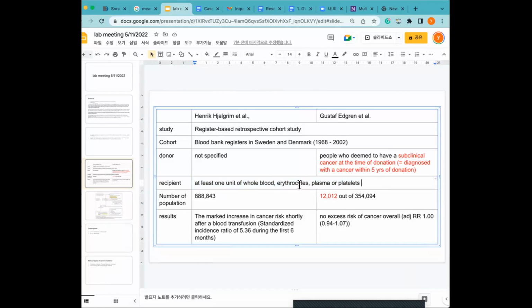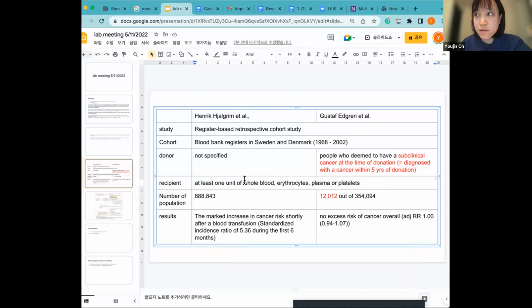I thought we were only looking for the patients who received PECT RBC, but the other cohort studies covered patients who received plasma or platelets.